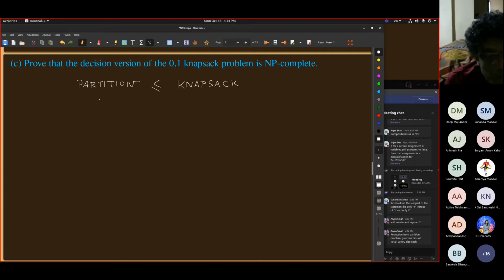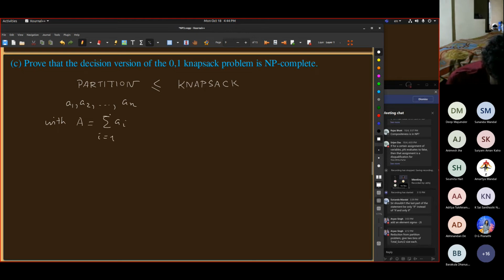So what is the input for partition? A1, A2 through An, n positive integers with A equal to summation Ai, i equal to 1 to n.